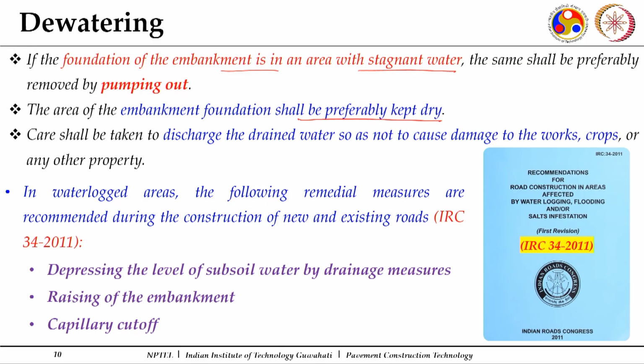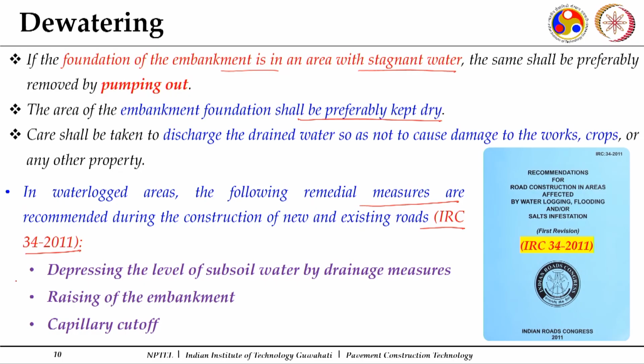Now during this, we should take care that the pumping out of water should not damage the nearby crops, or some nearby works or property close to your construction activity.